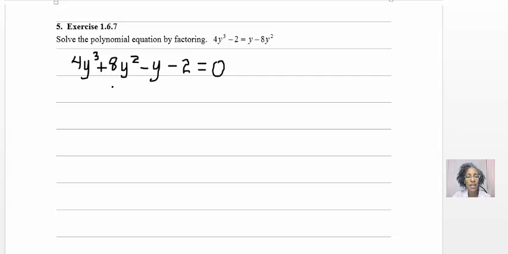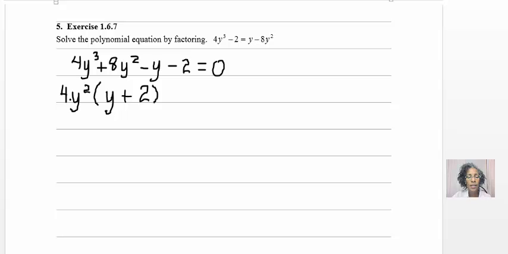This is a case where I'm going to factor by grouping. So I'm going to group the first two terms together and factor out their GCF, which is 4y squared. That's the largest expression that divides evenly into both terms.